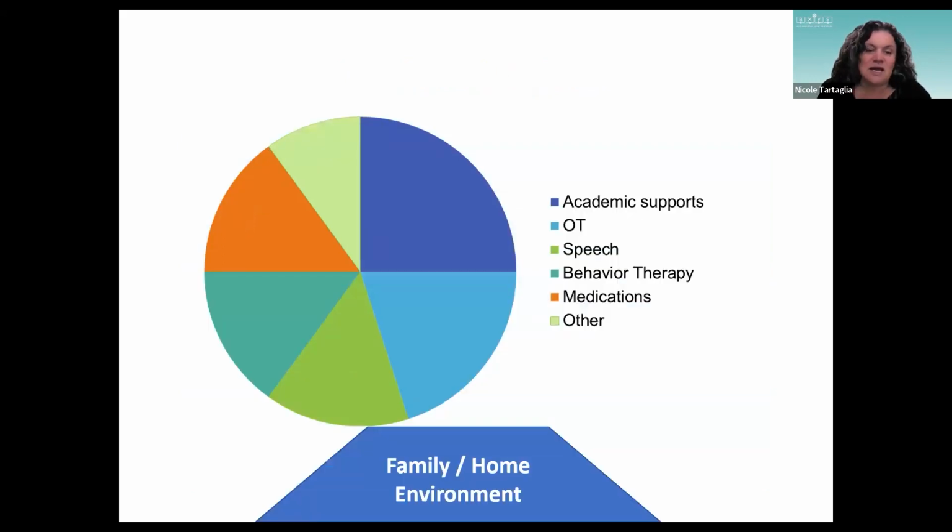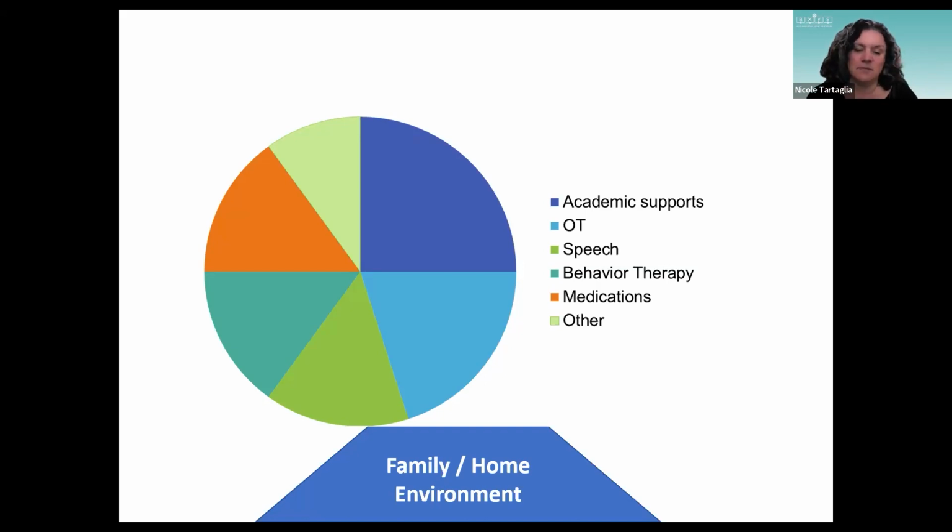The other piece is that this pie and these treatments live on top of the base, right, of a family and home environment. And so it's really important to also think about how the family and the child's home environment or environments fit into this so that it can be a stable base and the whole treatment pie doesn't just fall off, right?